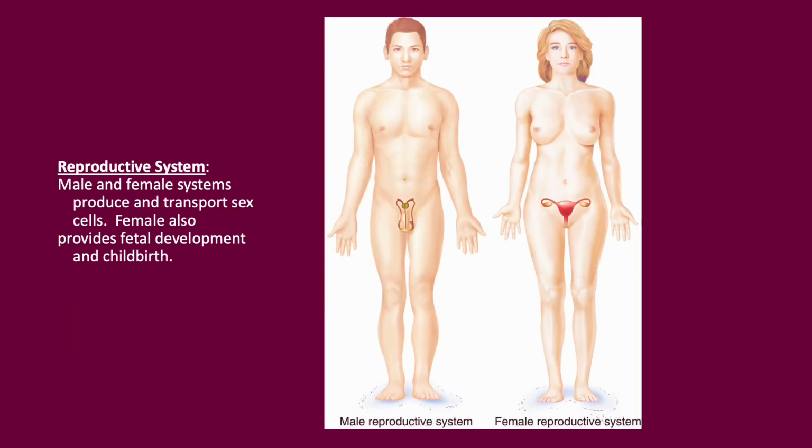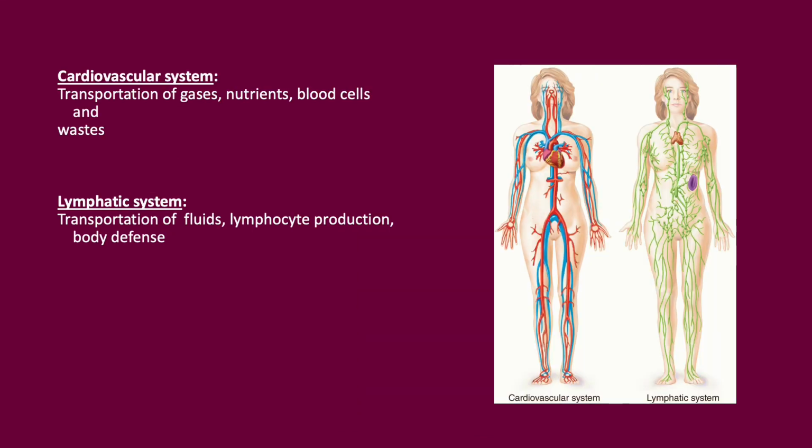The next system, reproductive system. Male and female systems produce and transport sex cells. Females also provide fetal development and childbirth. You have the cardiovascular system, transportation of gases, nutrients, blood cells, and waste.